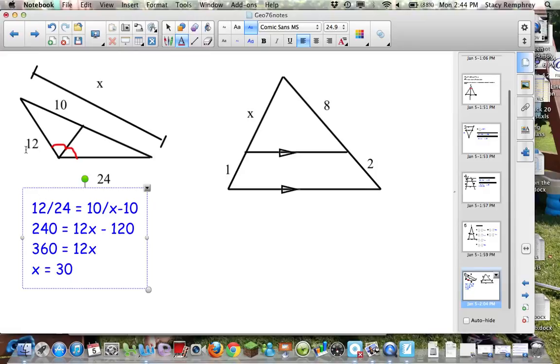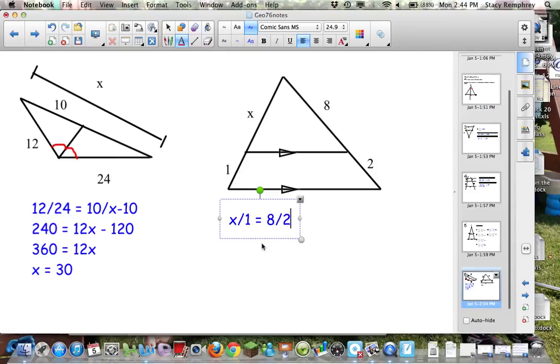Okay. The other faster way I could think of doing it is 12 over 24 reduces to a 1 to 2. I have a feeling it should be 20. That should probably be 20. I'll come back to that. Here, I would go x over 1 equals 8 over 2. X equals 4. Oh, this is where I messed up.